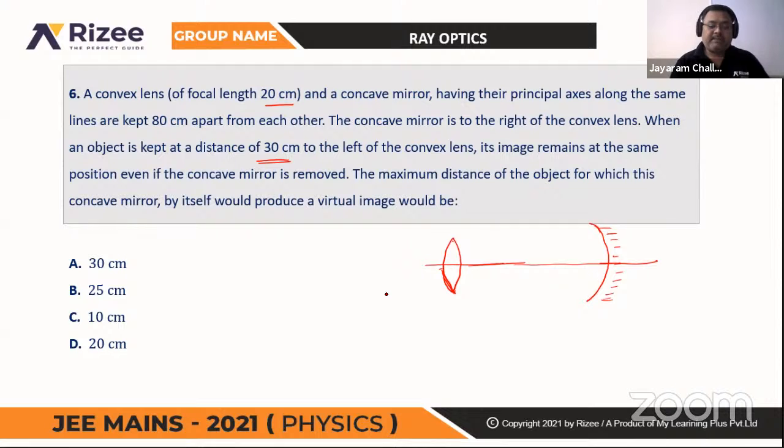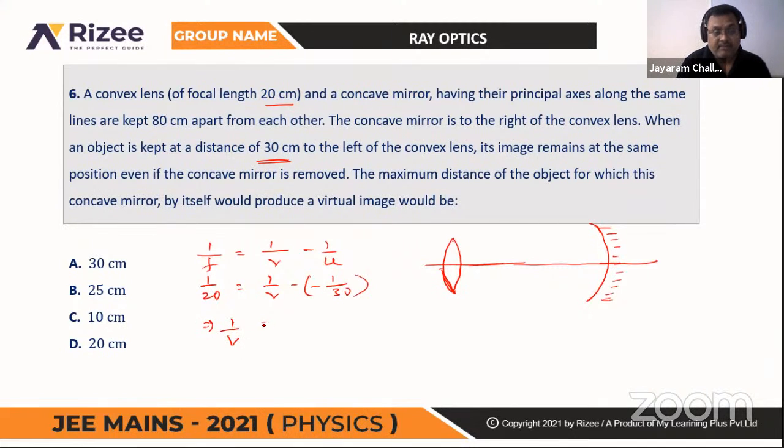So if the object is kept at a distance of 30 centimeters and focus is equal to 20, 1 by f is equal to 1 by v minus 1 by u. That is 1 by 20 is equal to 1 by v minus of minus 1 by 30. From this relationship, 1 by v is equal to how much?